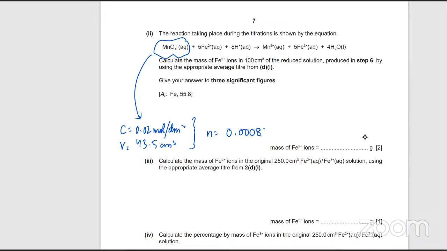Yeah, 3 zeros and then 87. So according to this, Fe would be 5 times this, right? So multiply this by 5, you'll get what? 0.00435.